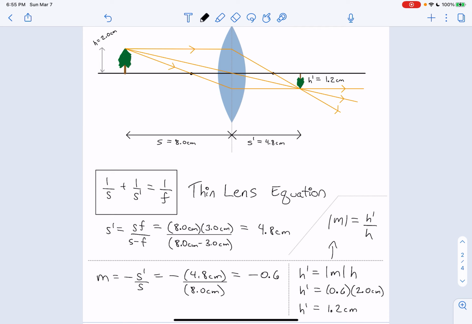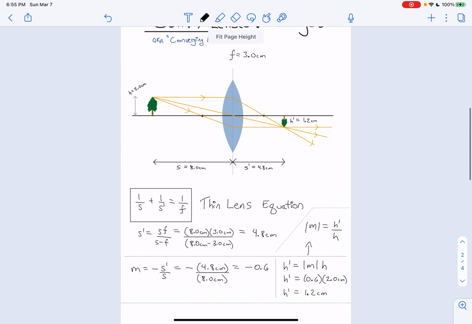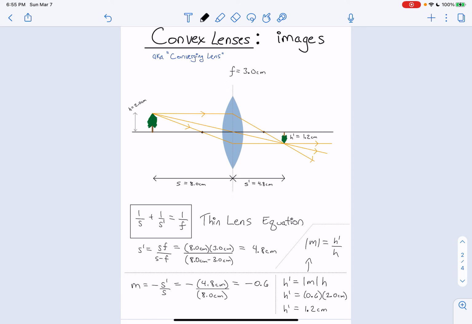What we see is we can, either through calculation or through ray tracing diagrams, determine what the location, orientation, and scale of that image is.